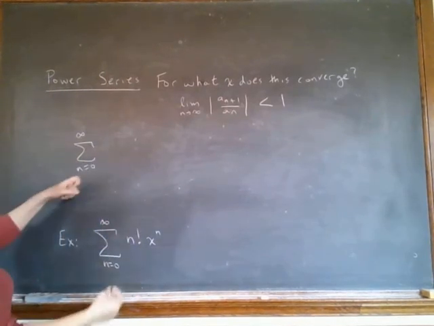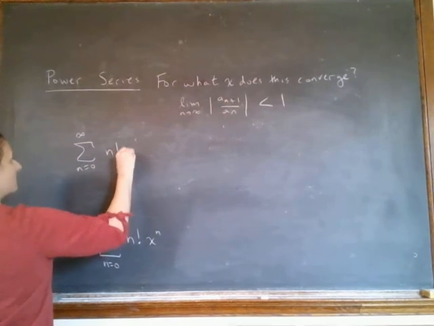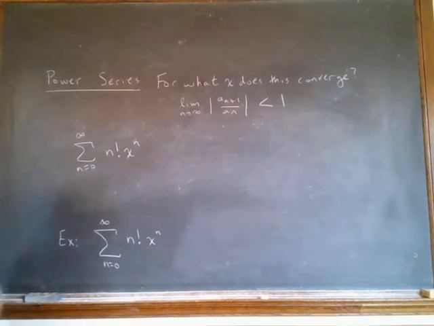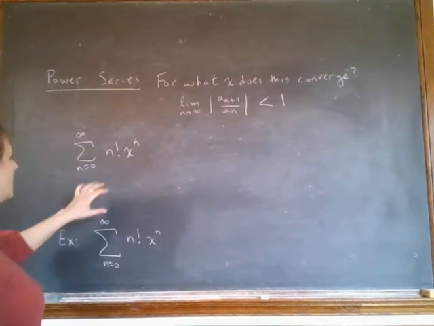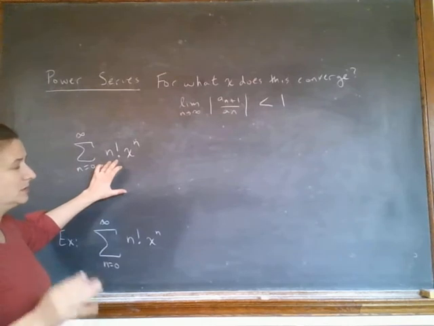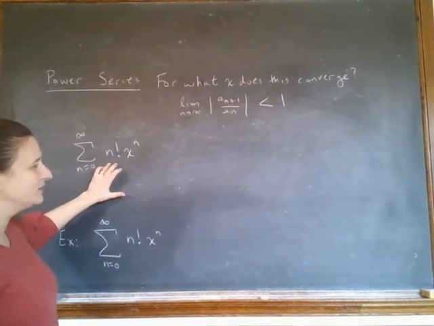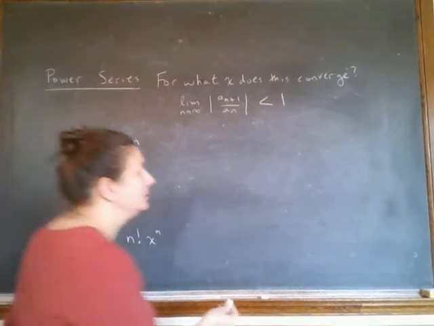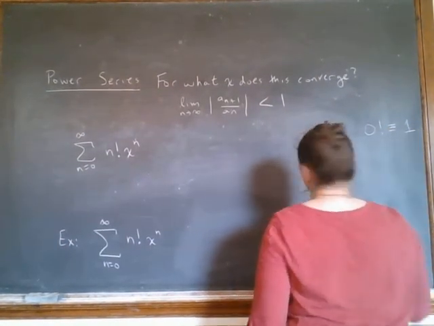Often, by the way, the power series start from n equals 0. We know x to the 0 is going to be 1. And 0 factorial, we previously defined as 1.